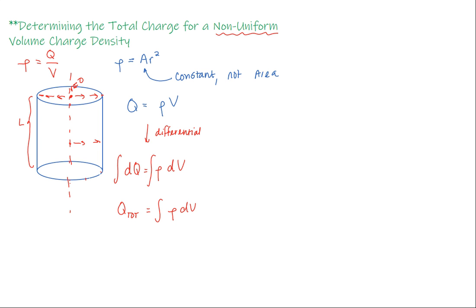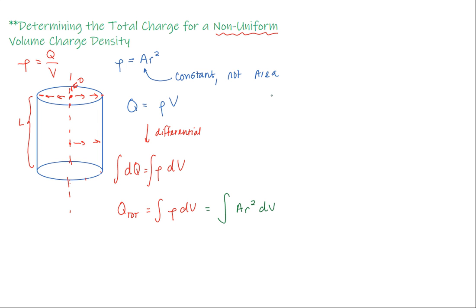Now, if I substitute in rho, which is the function A r squared, multiplied by dV, we see that the independent variable r of the density function doesn't match the variable of integration. So I want to change this.